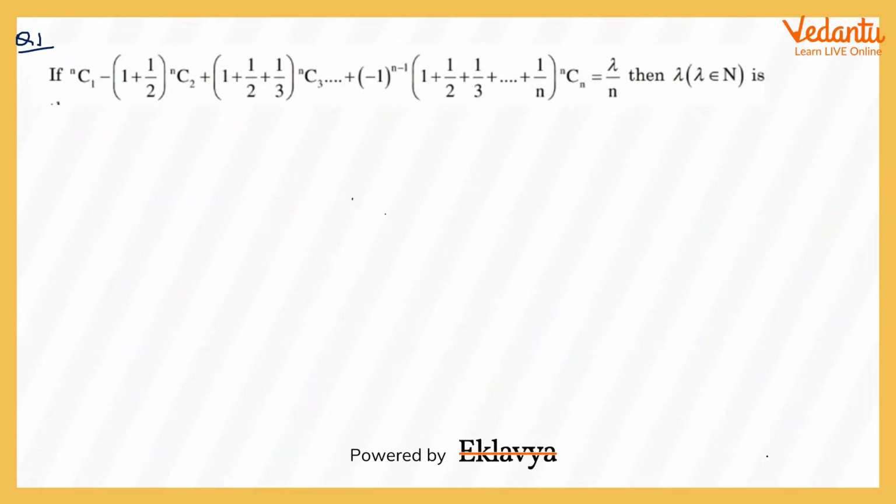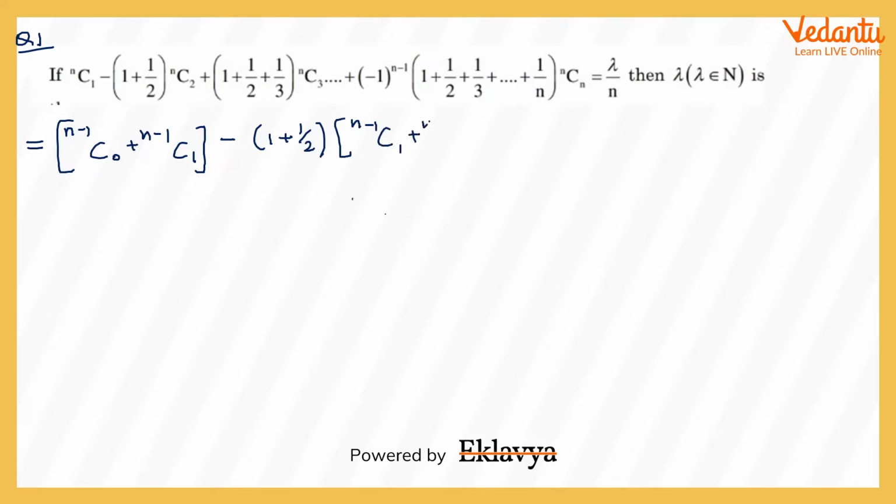But I have one more method to do the same question. Please see how. I can write this first term as (n-1)C0 plus (n-1)C1 using that property of nCr plus nC(r+1) equals (n+1)C(r+1). And then the second term, 1 plus 1/2, I can write as (n-1)C1 plus (n-1)C2.